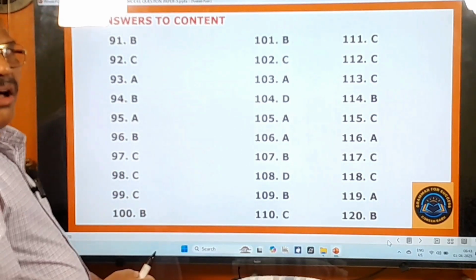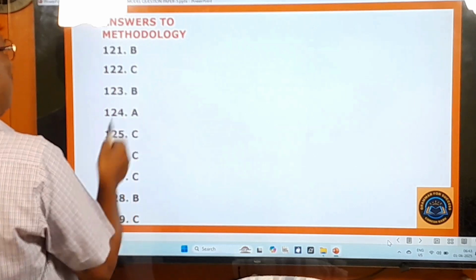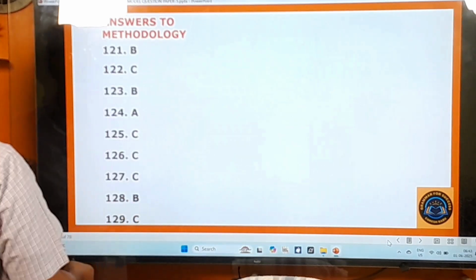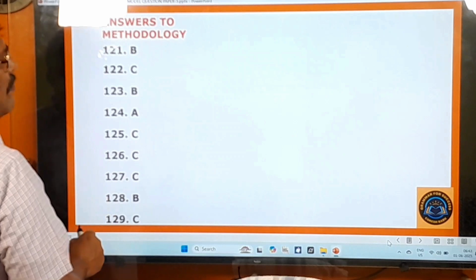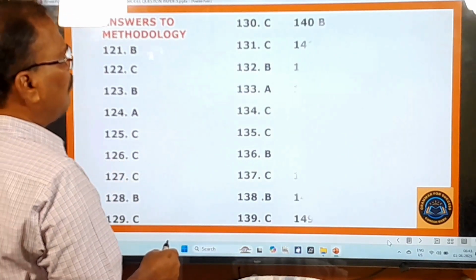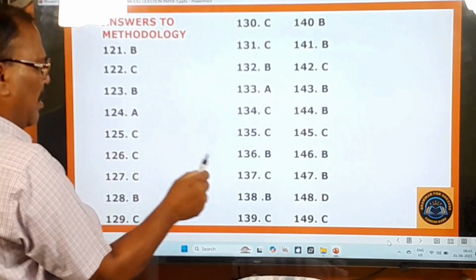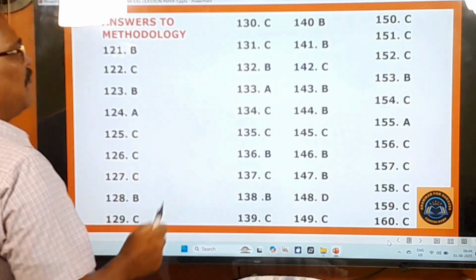Now you move on to answers to methodology questions. So these are the answers for the questions from 121 to 129, 130 to 139, 140 to 149, 150 to 160.